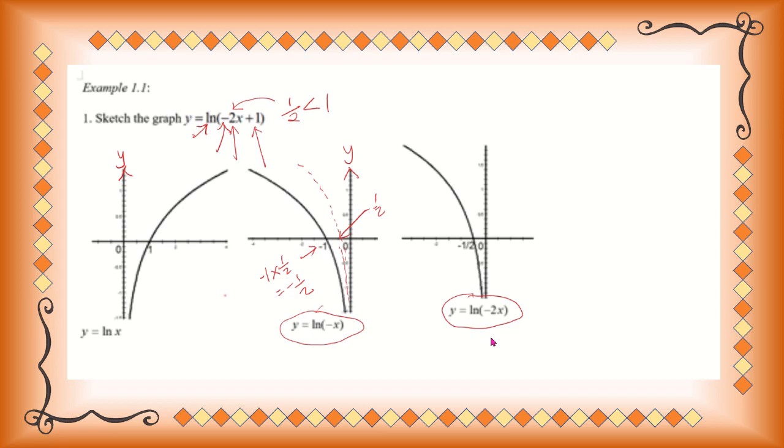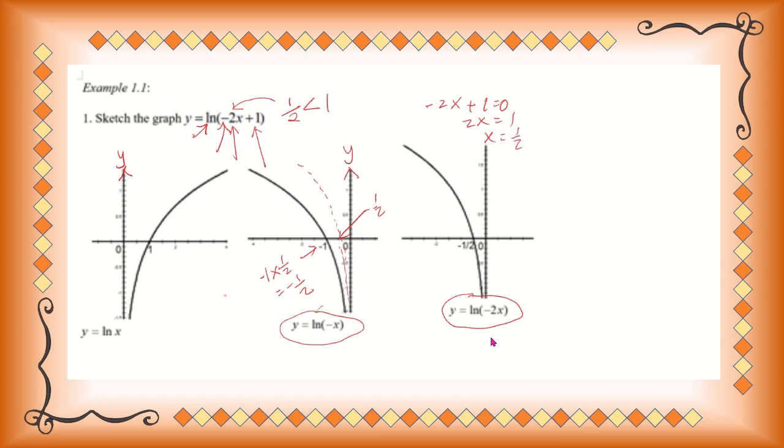Next, we need to see whether there is a plus or minus behind the x variable. We find that there is a plus, which means we need to shift either to the left or to the right. In order to determine, we make -2x + 1 equal to 0, so 2x is equal to 1, so x is equal to 1/2.